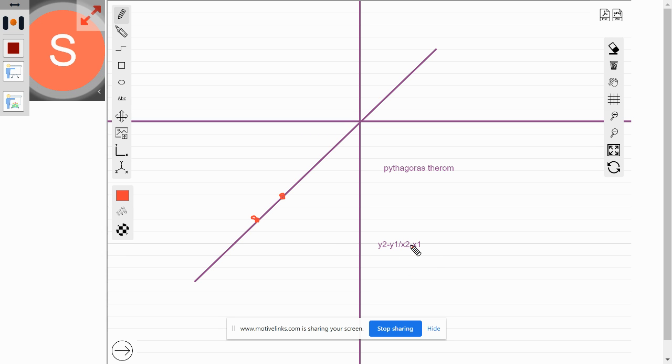Now, guys, remember this method is really useful when you want to find out the exact slope in like a decimal or something for a test. This is really handy.